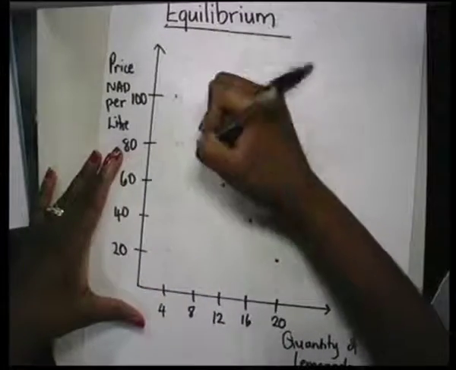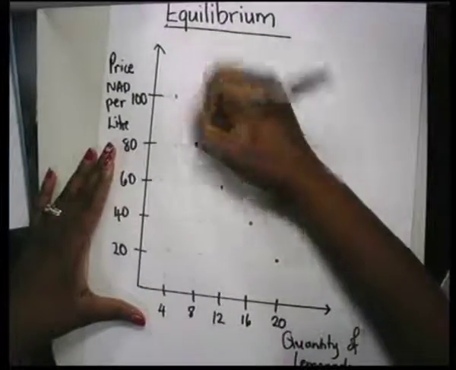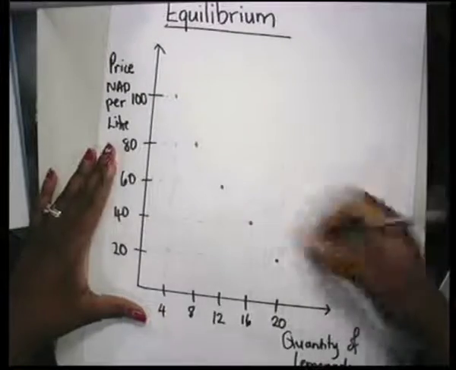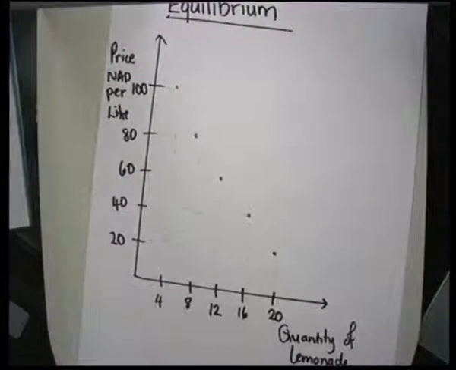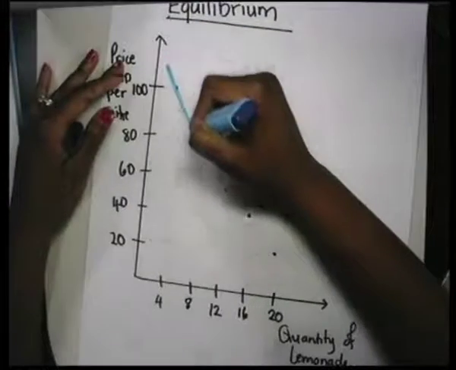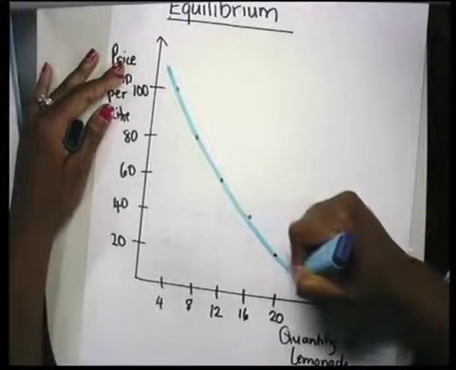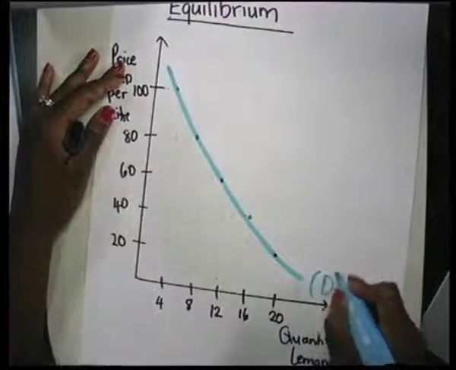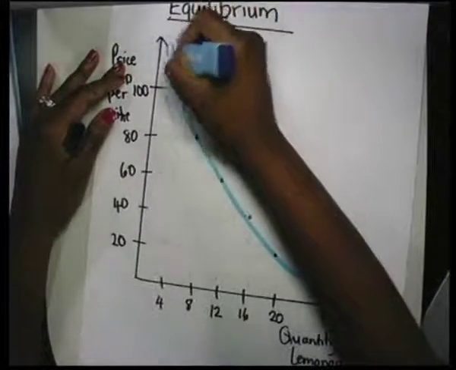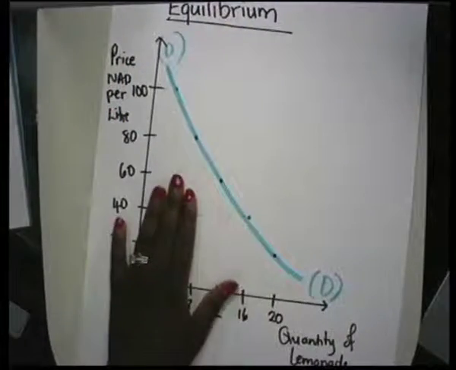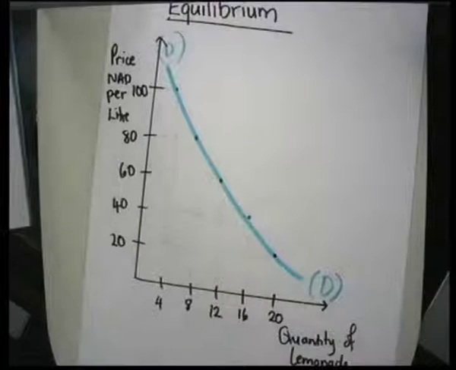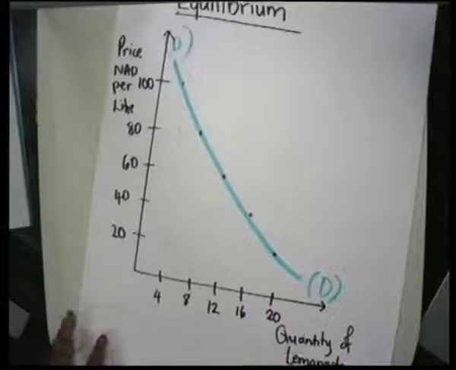So then we have all our different points on our sheet. So we're going to draw a line through it, and we're going to call that the demand curve, and we're going to mark it with a D.